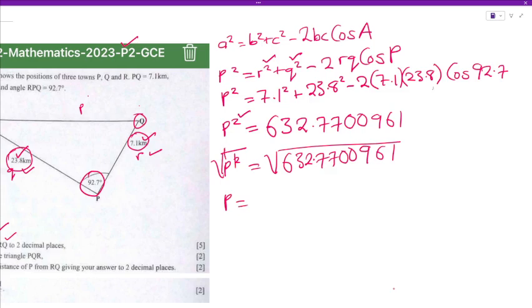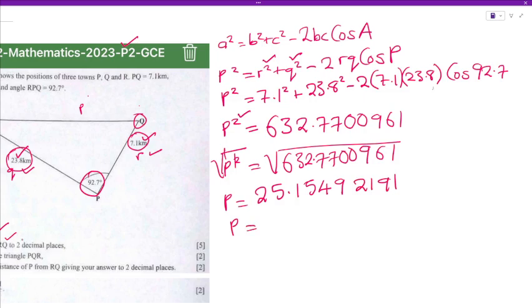I need to erase everything, start with the square root button, and then punch those values manually. 632.7700961. If I press equals, it gives me 25.1549.